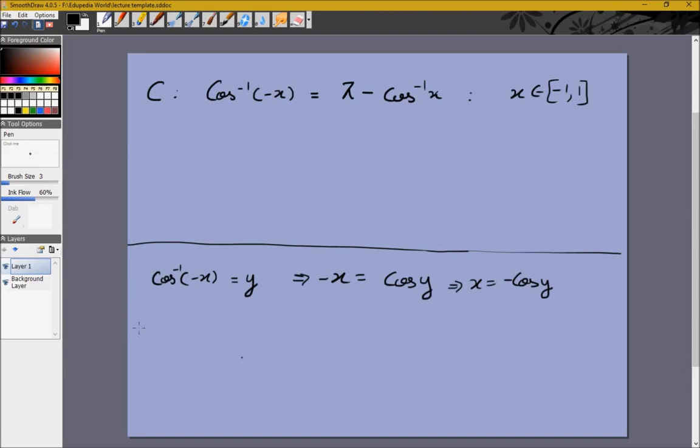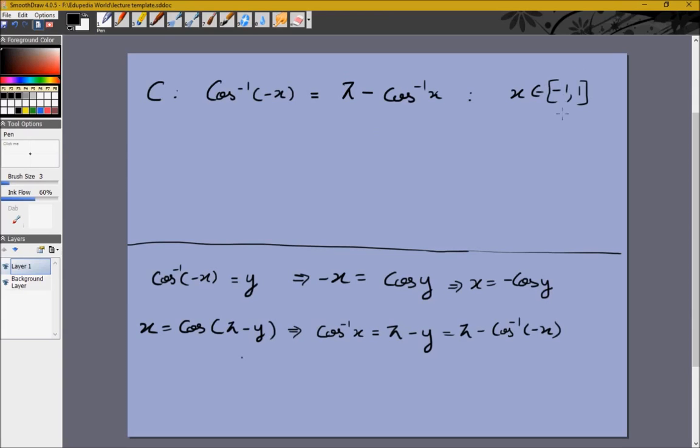So x is equal to minus cos y basically means x is equal to cos of pi minus y. And from this what you get is cos inverse x is equal to pi minus y. That is pi minus cos inverse of minus x. So here's where this factor pi comes from. That's why cos inverse of minus x is equal to pi minus cos inverse x.